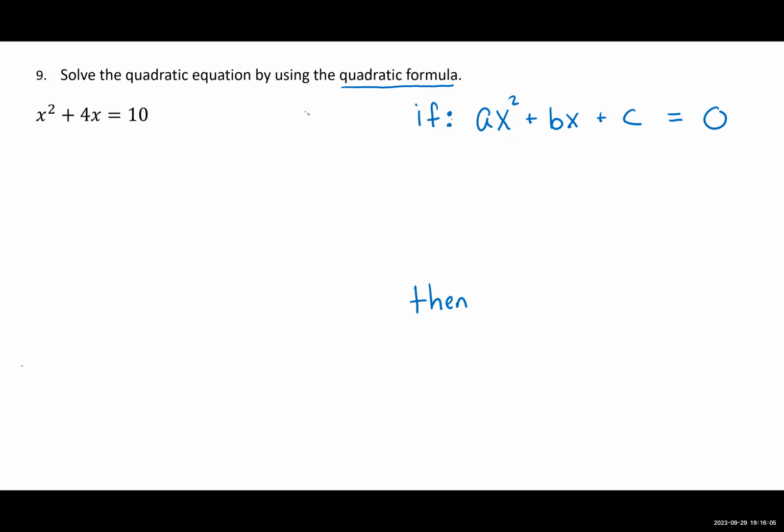So if, let me write this a little bit further to the left so I have some more room.